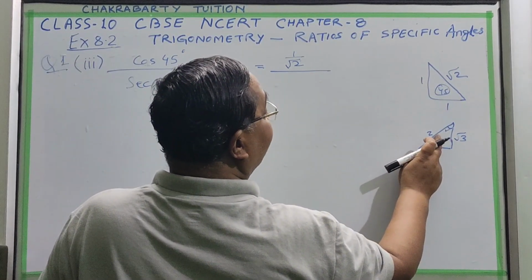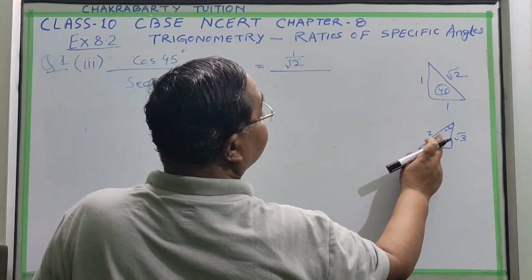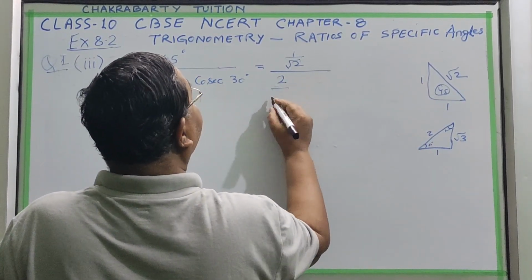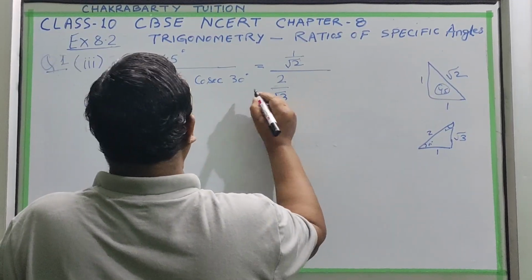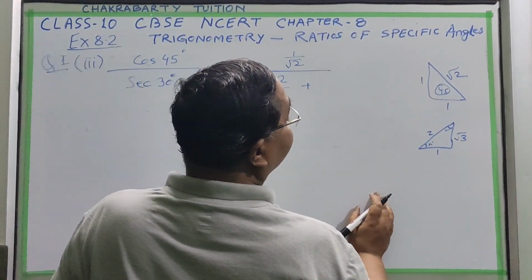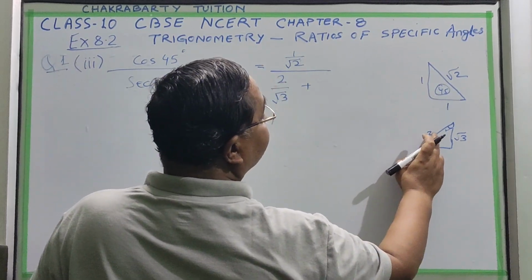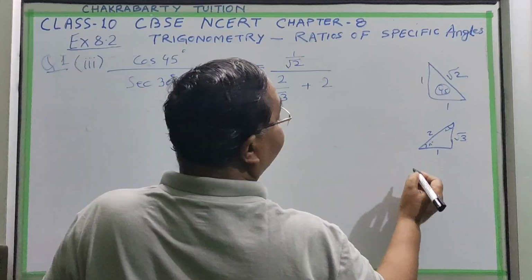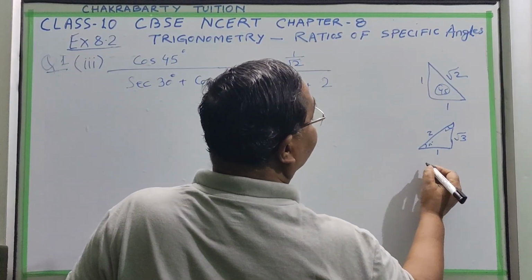So it will become, because it is sec, opposite, 2 upon under root 3, plus cosec 30. Cosec 30 will become 2 upon 1, so it will become 2. Okay, because cosec is opposite to sine.